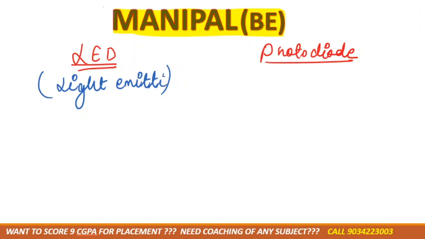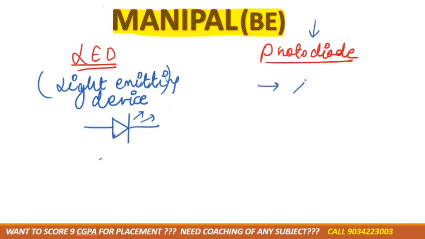Light emitting device. This one gives light and photodiode takes light. Mainly photodiode is used in solar panels. In the solar panels it consumes light.